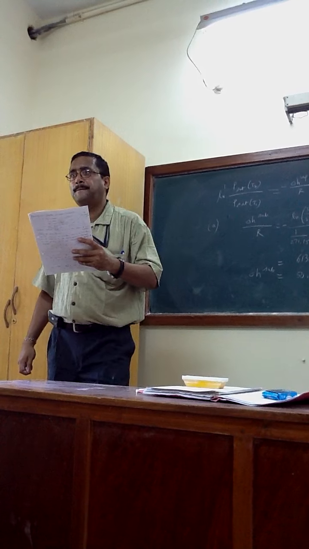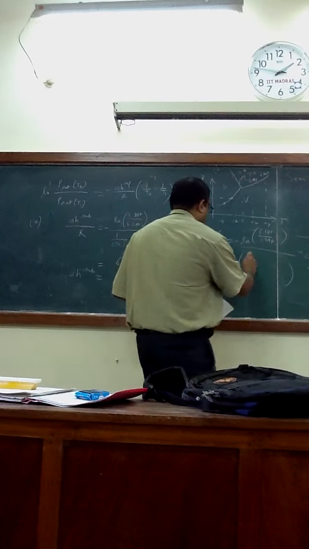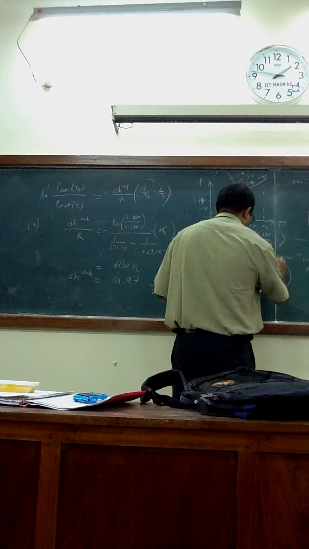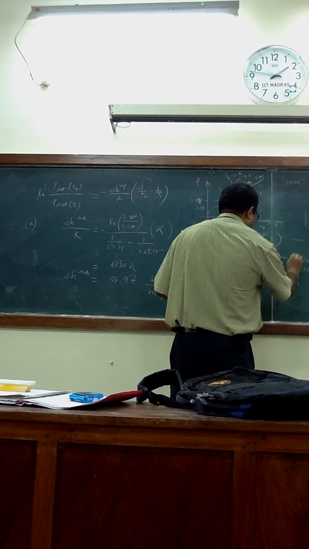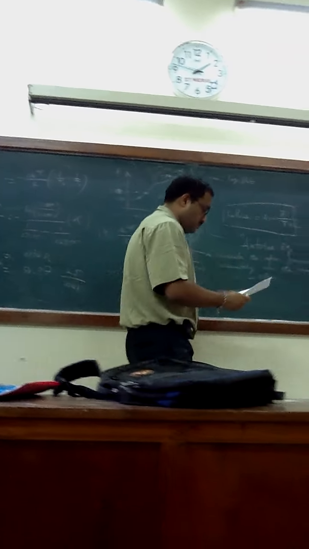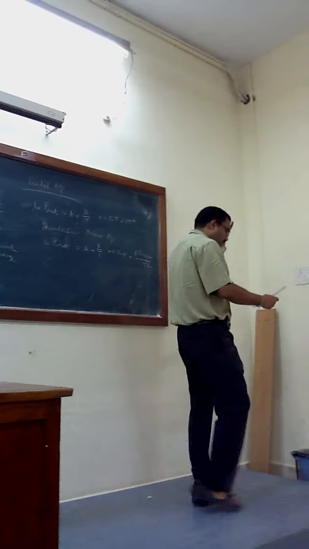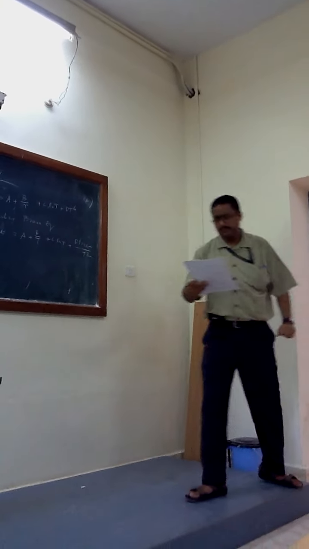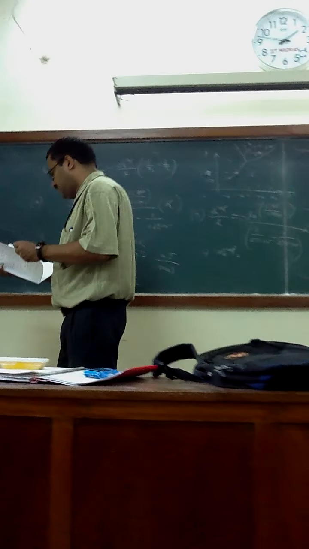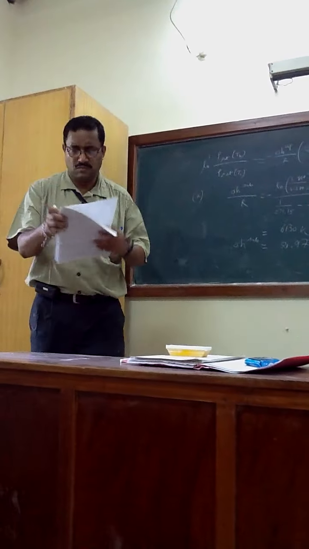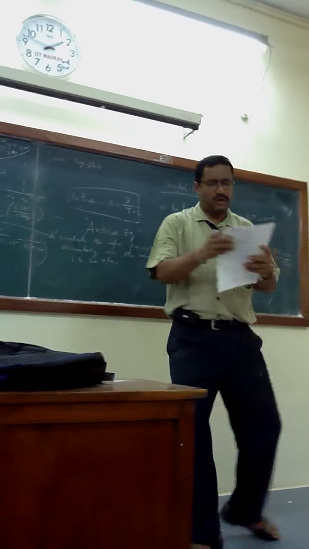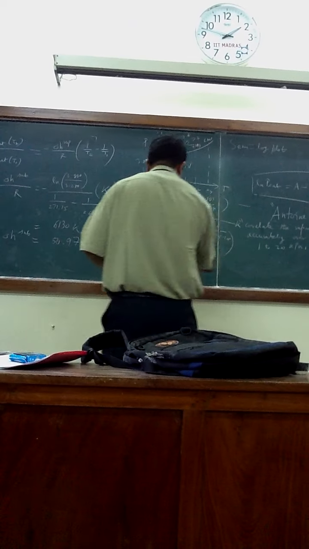What is that? 1 by 277.15 minus 1 by 275.15. Okay, what is delta H vapor? Directly give me the answer. 44.98 kilojoule per mole.